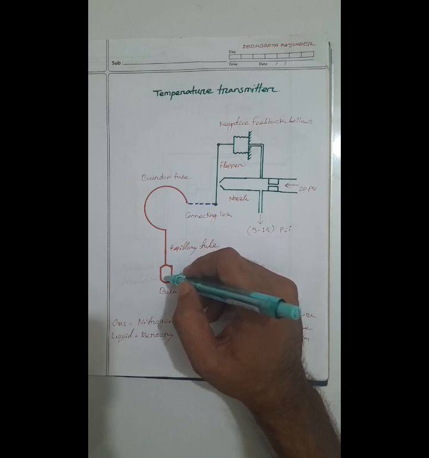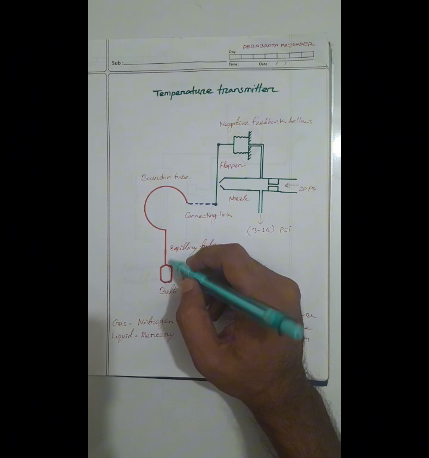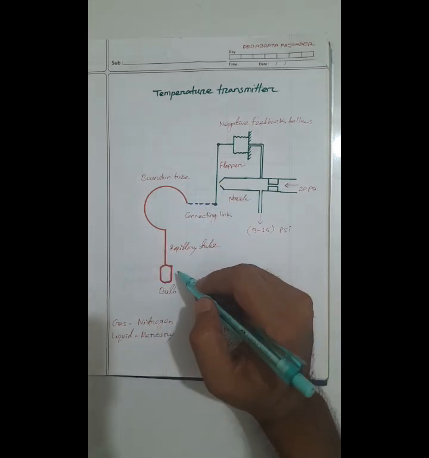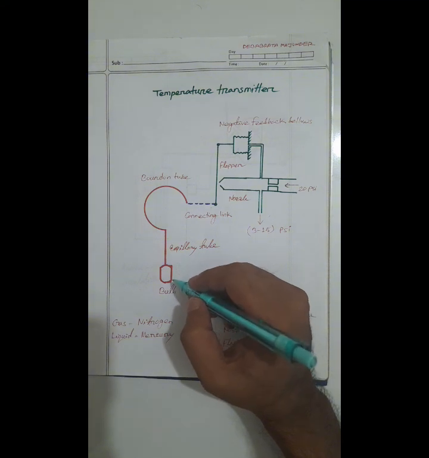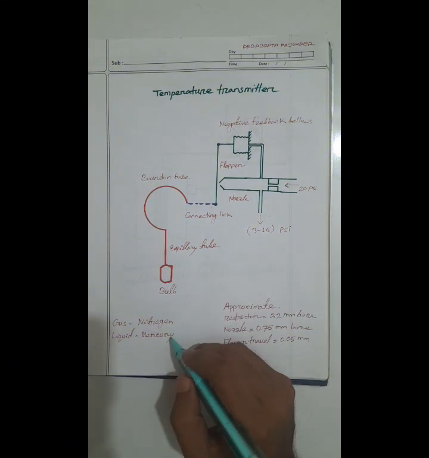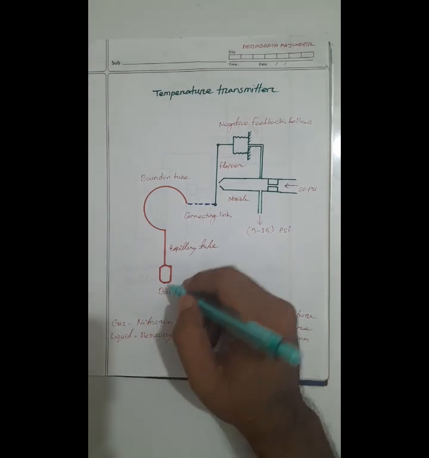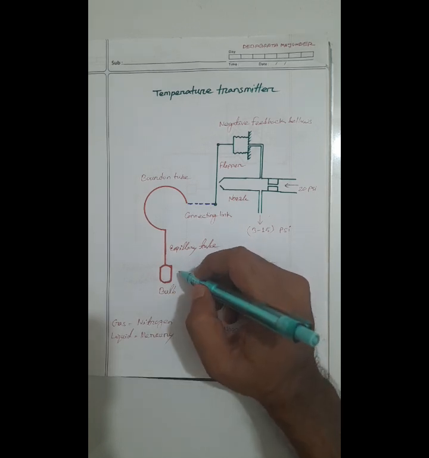But if we use gas, then the system response will be slow. So that's why we need to use liquid. What type of liquid can we use? We can use mercury, alcohol or ether. Here, most of the time mercury is used.